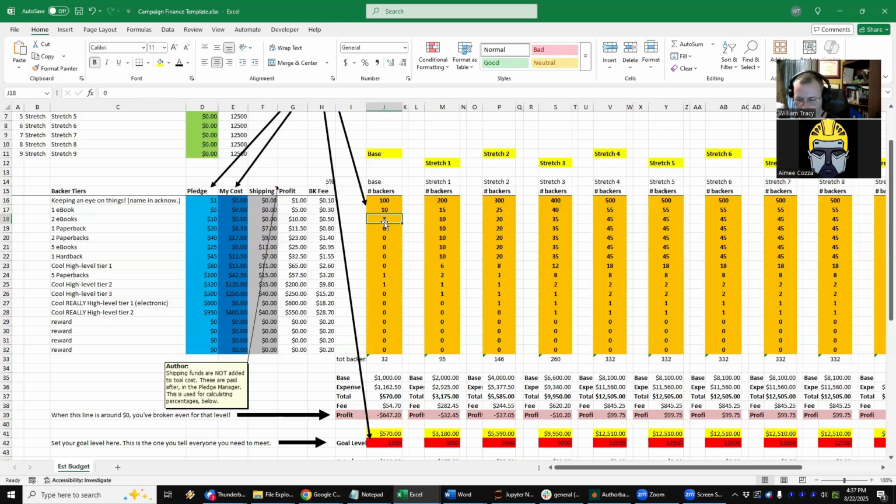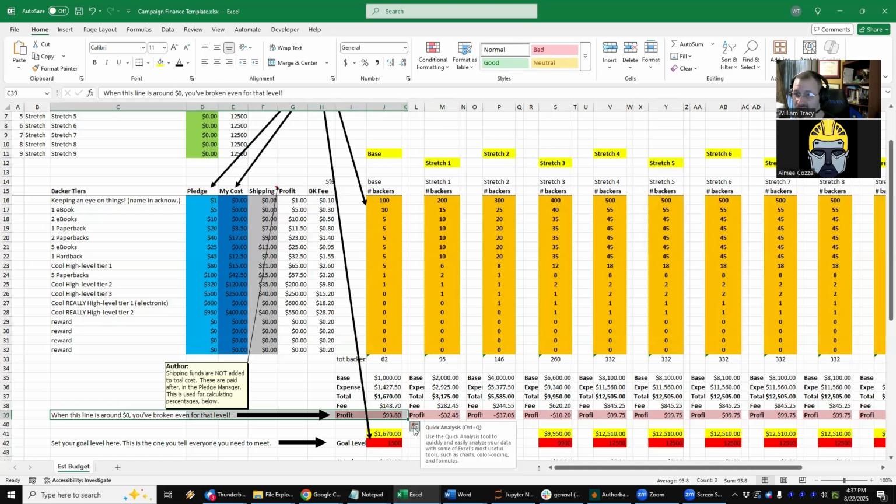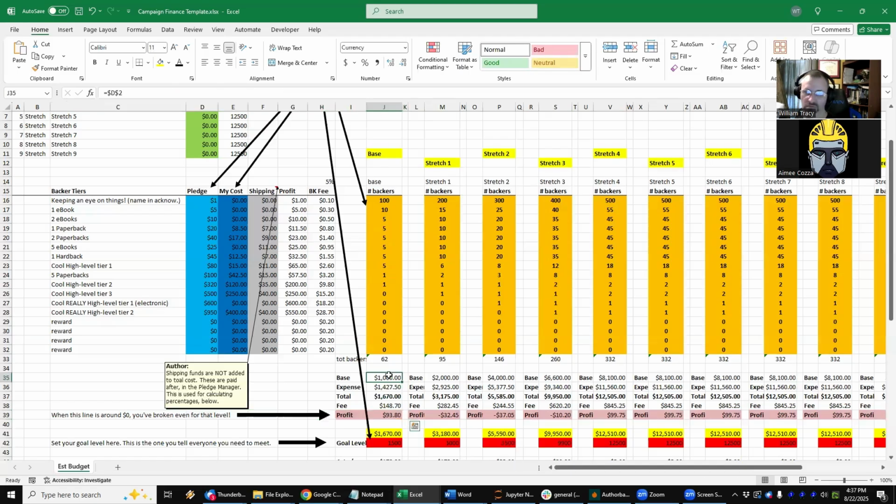If you start adding more people here, say add 5, you'll note the profit starts going down. If you watch that profit number as I start adding 5 backers on each level, suddenly this starts becoming profitable. What you want to do with the spreadsheet is try to make this around 0 with a reasonable number of backers. And this will give you your total number of backers here.